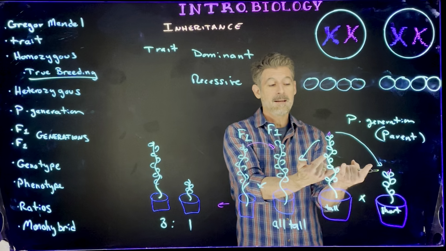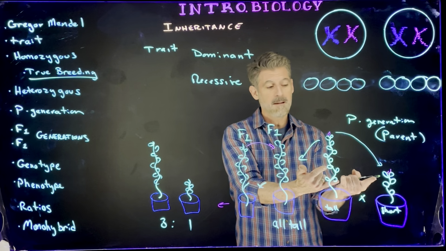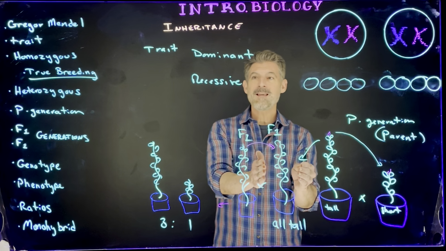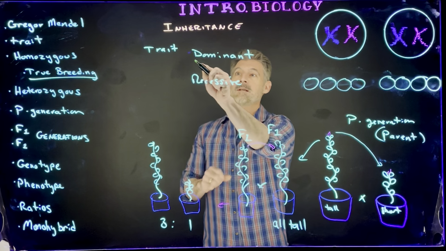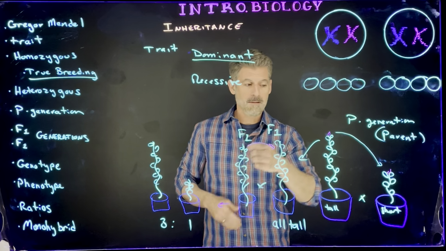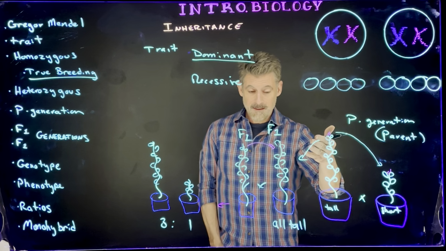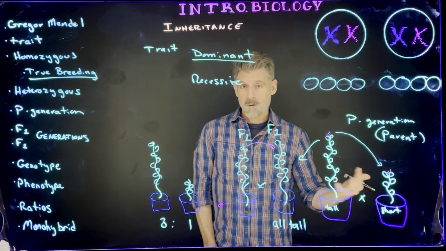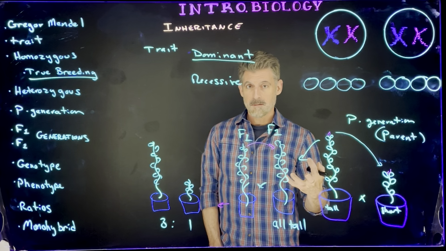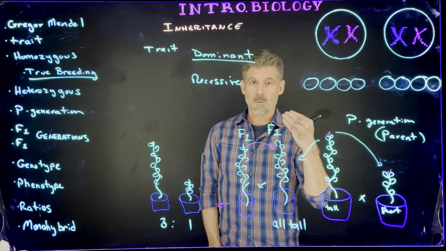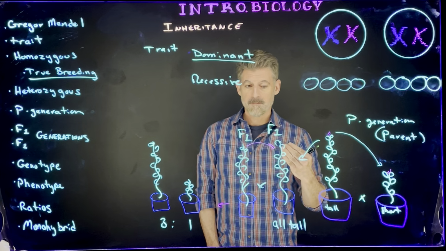But if I took them and put them together and hybridized them, whatever we see in the F1 generation, that characteristic is the dominant characteristic. It is seen over the other one, and we don't see the other one at all. It's not a blending or mixing in this characteristic. It's just one or the other.